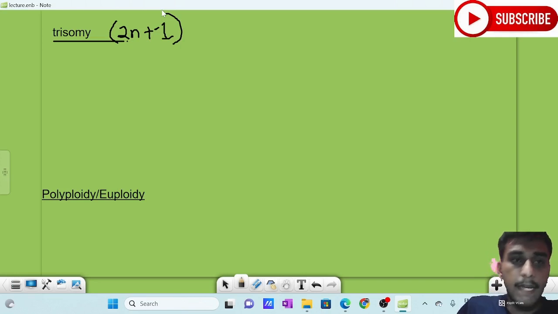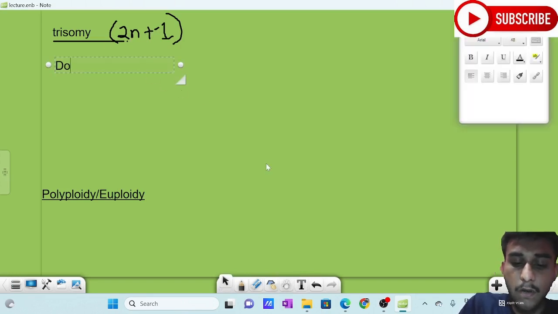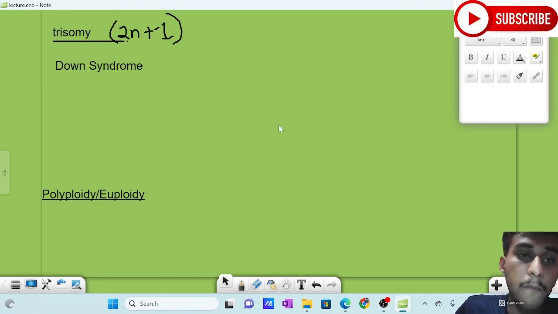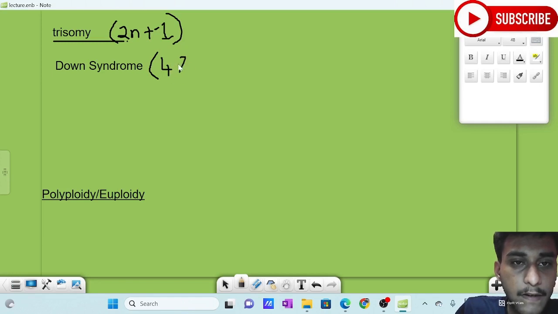In the case of Down syndrome, first we are going to discuss Down syndrome. There is another example also, Edward syndrome. This is also an example of trisomy. I will write the examples here. First, Down syndrome. I will write the Down syndrome condition: 47, plus 21.